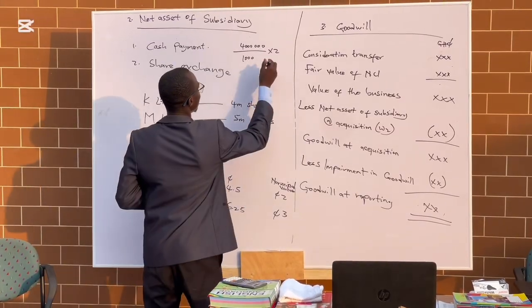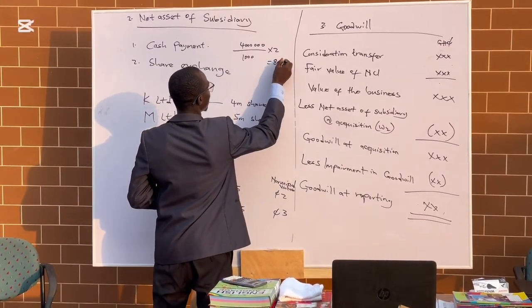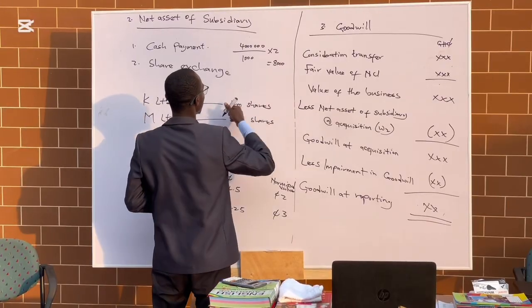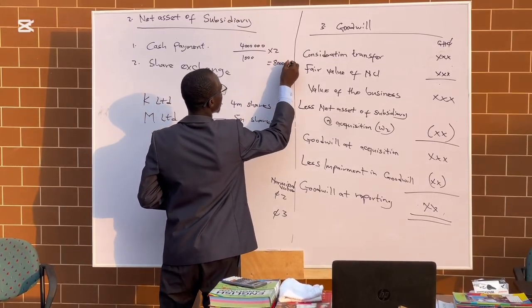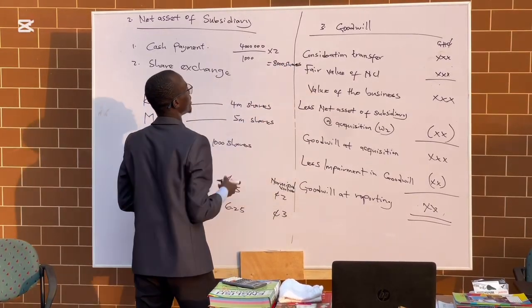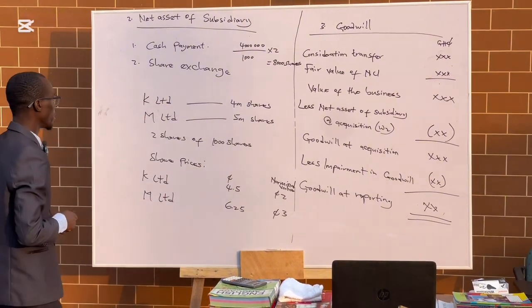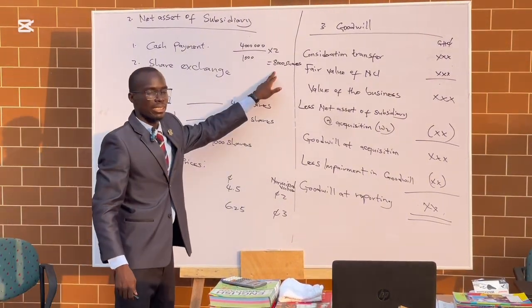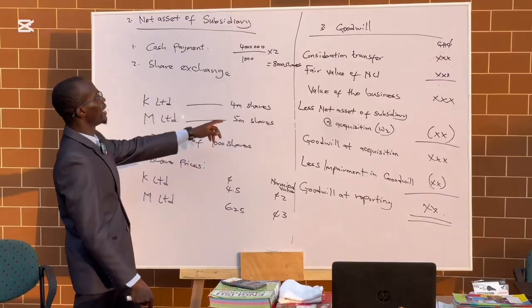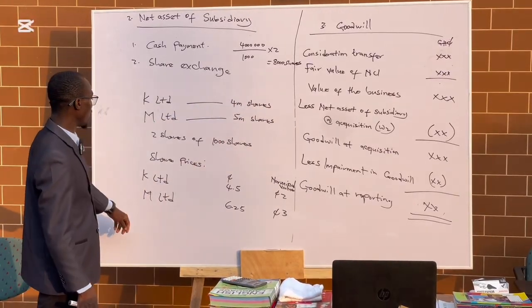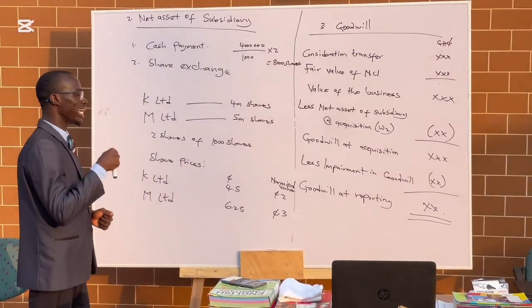So it means that the shares that K Limited has issued are 8,000 shares. This one is not money; this one is shares. The moment you get this number of shares, you multiply it by the share price of the parent.